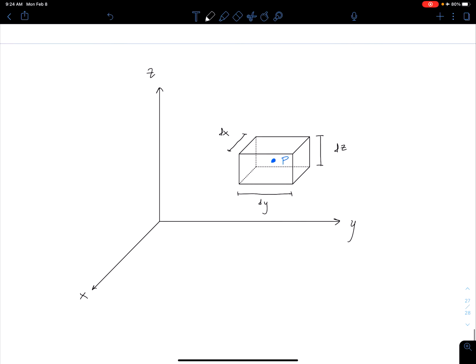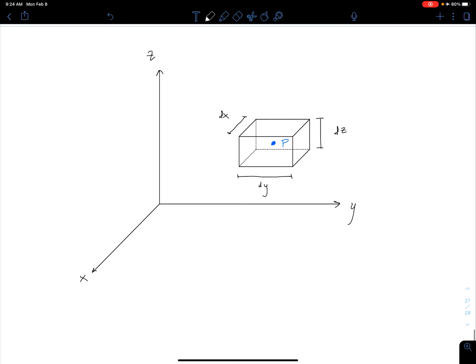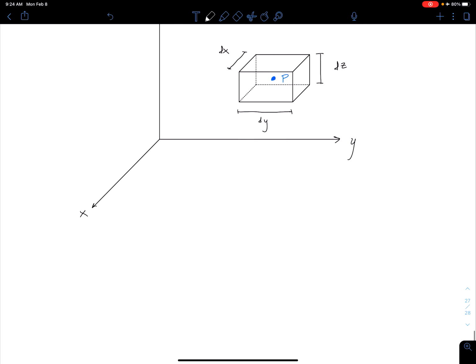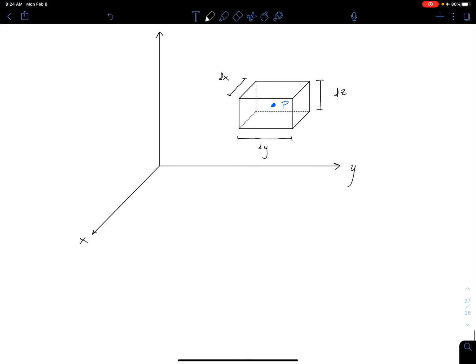We see this differential volume, which encloses our point P. What we want to do is, remember, we're concerned with our outward flux. So we want outward flux through this differential volume. In order to do that, in this case with our Cartesian coordinates, we want to consider the 6 faces of the cube.